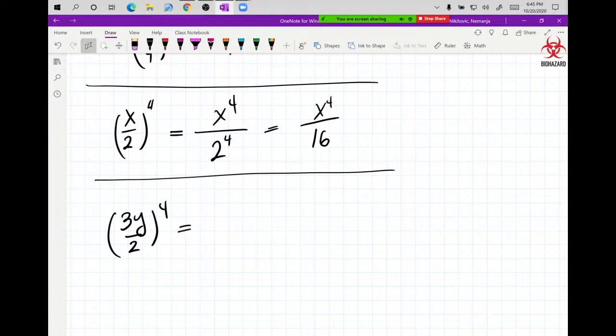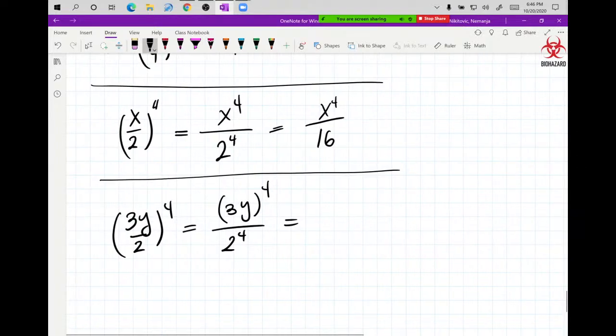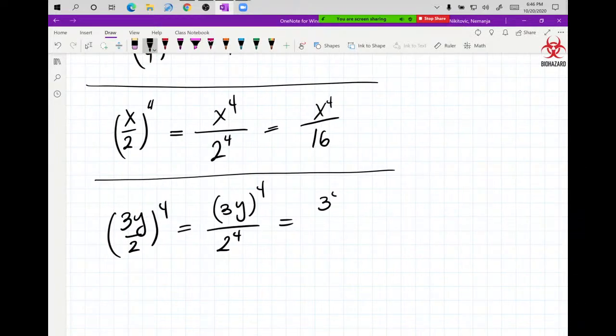Is that 81 y to the 4th over 16? Yes, excellent. So we first apply the exponent to the numerator, and then we have 2 to the 4. And then we realize that this is the other rule where each one gets its own exponent.